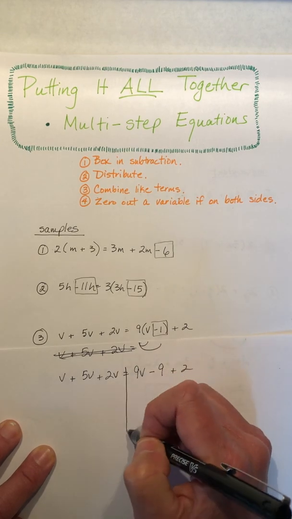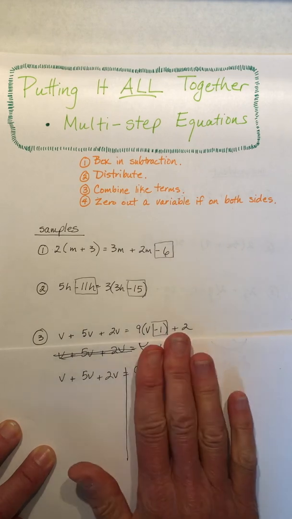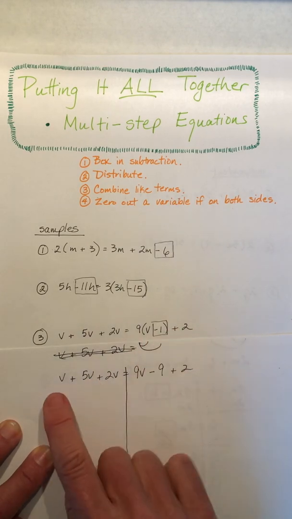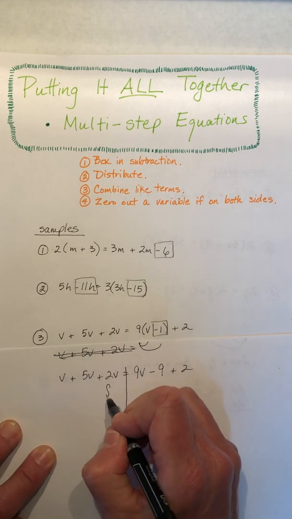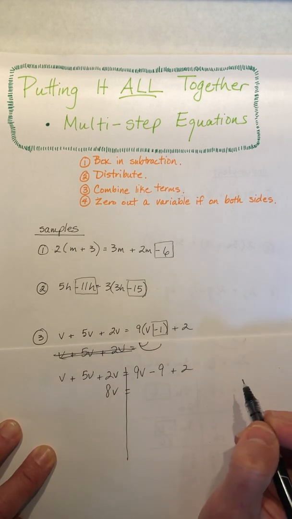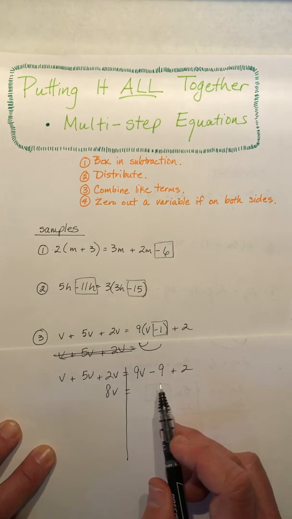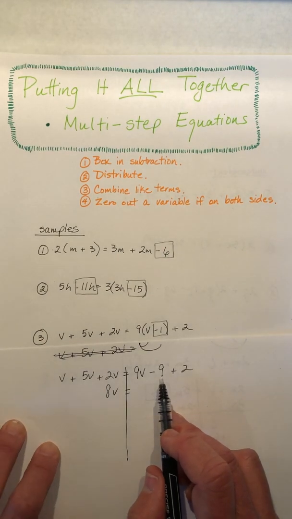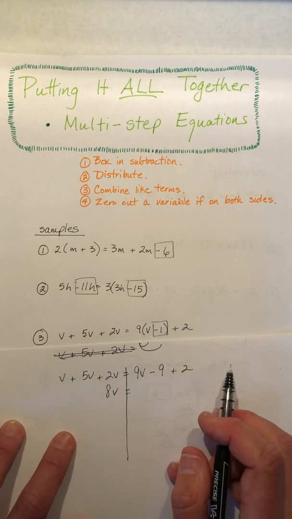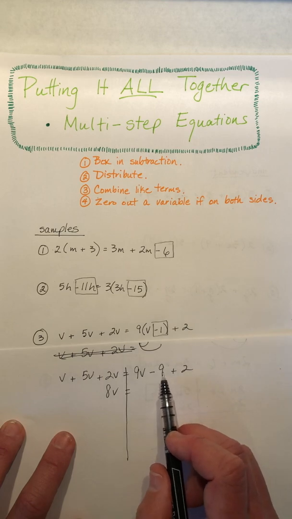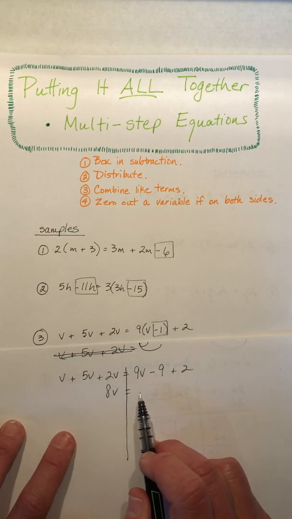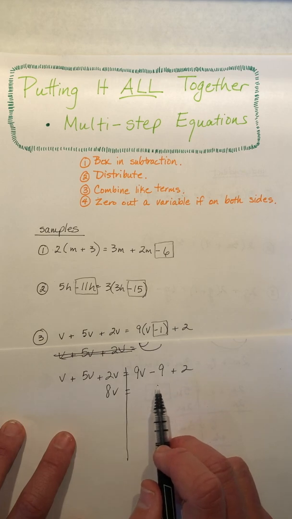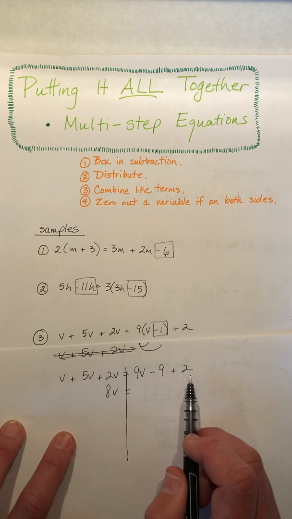So we're ready to combine like terms. 1v plus 5v plus 2v, that's 8v, equals, now this is an instance in which boxing in the subtraction is helpful. Lots of kids are going to want to add the 9 and the 2 together and write down 9v minus 11.